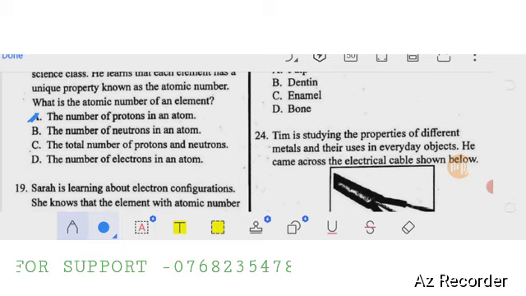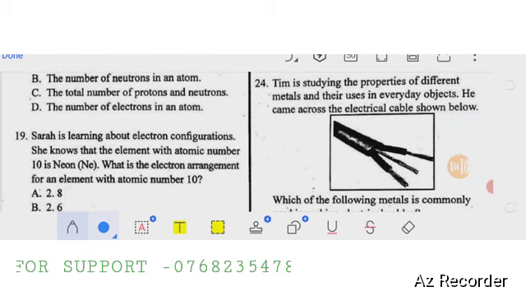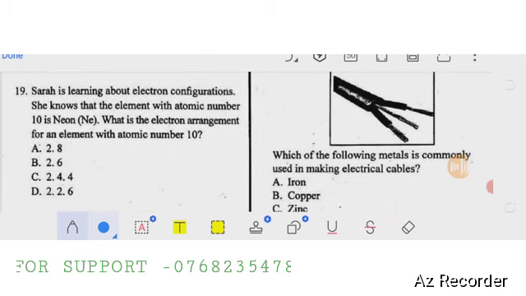And that's why sometimes you say an atom is electrically neutral, because the number of protons and electrons are equal. So most of the time it's the number of protons in an atom. That is atomic number.